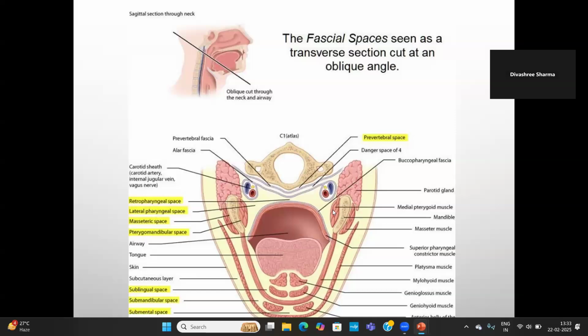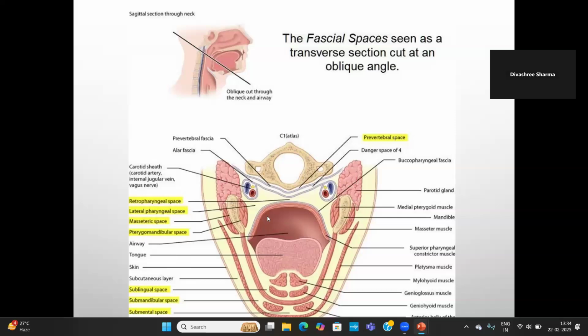On the medial surface lies the medial pterygoid muscle, and on the lateral surface lies the masseter muscle. Posteriorly lies the parotid gland. Now, this area behind the tongue is the airway.